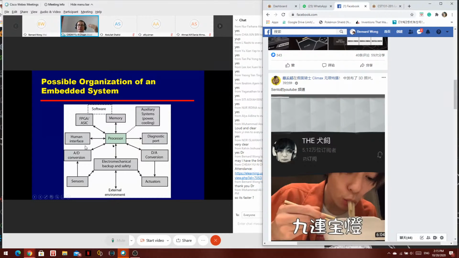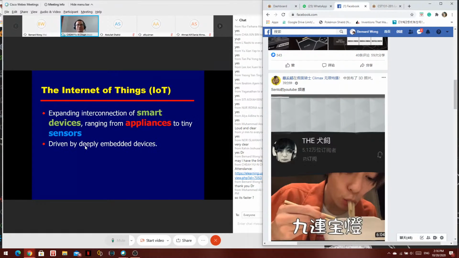The processor will also need to get input from various sensors. If you have a braking mechanism, it needs to sense that the brake has been applied, how much friction is being generated, and things like that. So the ARM processor needs to be able to connect with all these sensors as well, right? This is roughly how the environment of the ARM processor works.